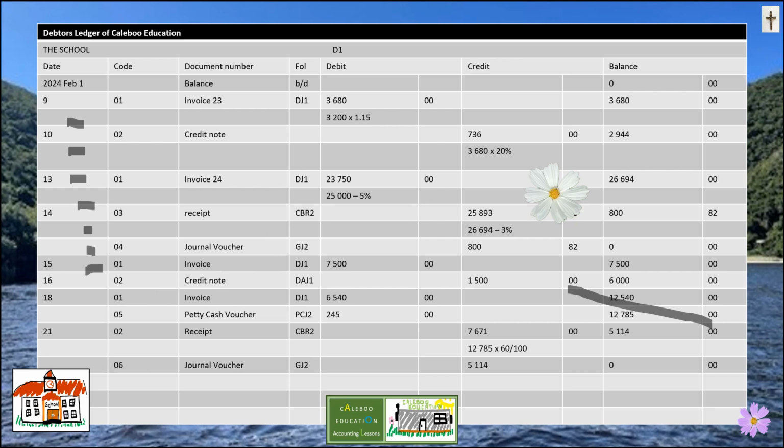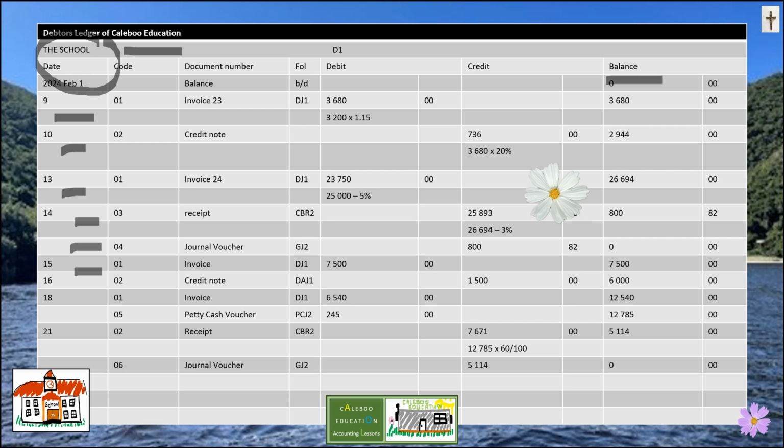Here we have the debtors ledger, and we will eventually deal with the debtors ledger, but all the transactions here for February are recorded in the school's account in our books, Calibre Education's books, and there's a column here for balance, and a running balance is kept of what the school has paid us, what they owe us, what is the balance at the end of the month.